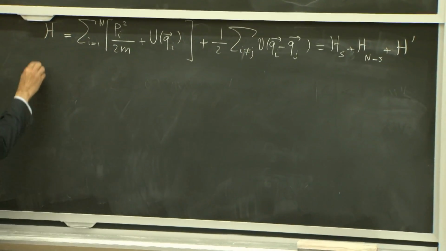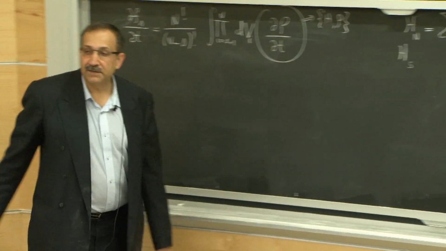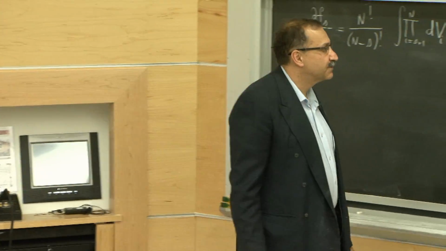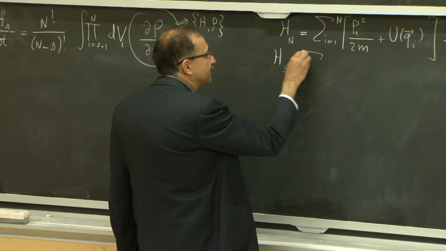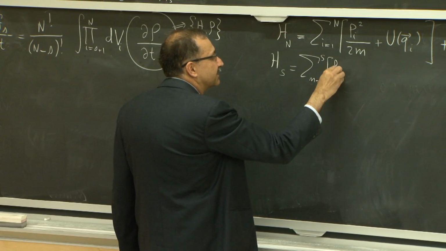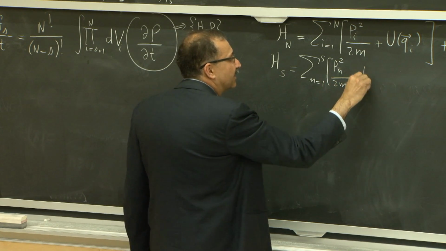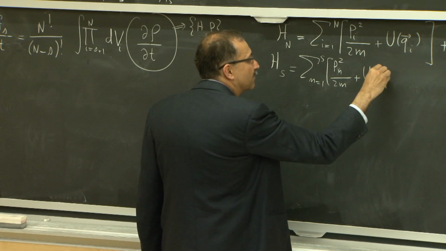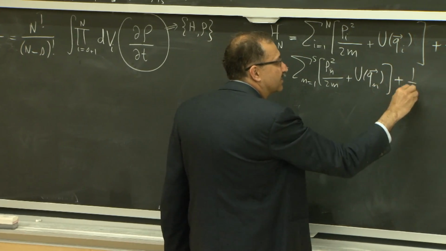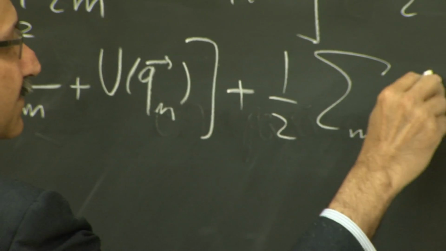The first one I call H_s. So if you like, this is an s-particle Hamiltonian. I can write an H_s, which is just exactly the same thing, except that it applies to coordinates that I'm not integrating over. And to make a distinction, I will label them by n. And it includes the interaction among those particles.